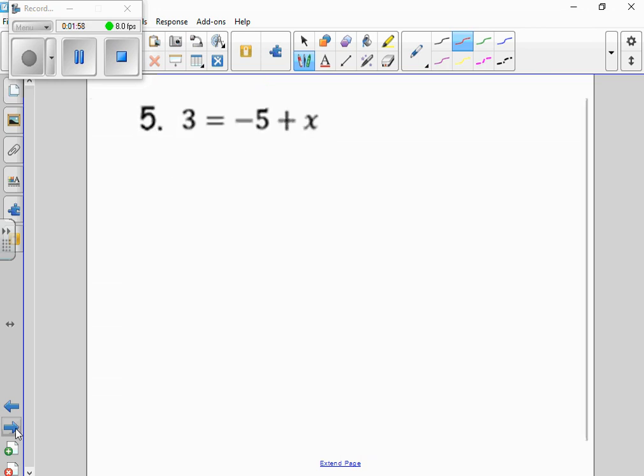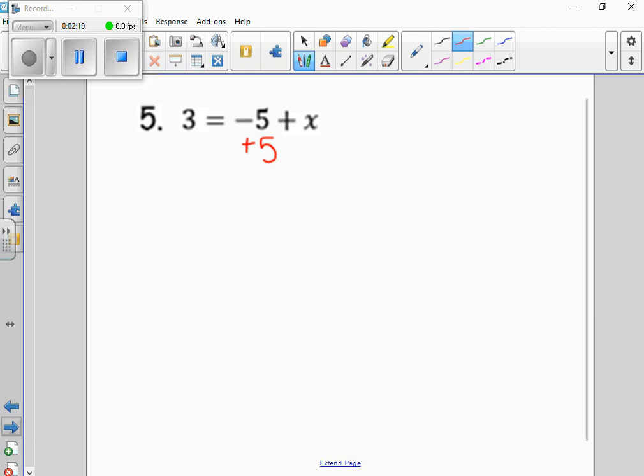So example 2, we have our variable on the right side of the equal sign. And with the variable, we have a negative 5 being added to our x. So let's just pay attention to the 5 and the fact that it's negative. To move the negative 5 to the opposite side, negative 5 is the same thing as a minus 5. We're going to do plus 5.